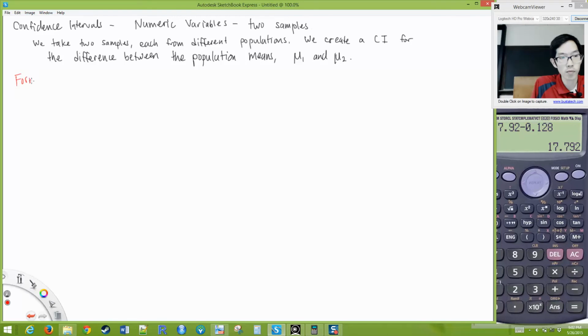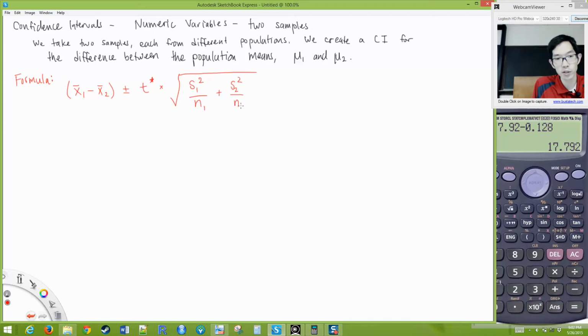It's going to be x bar 1 minus x bar 2 plus or minus t star times the square root of s1 squared over n1 plus s2 squared over n2.